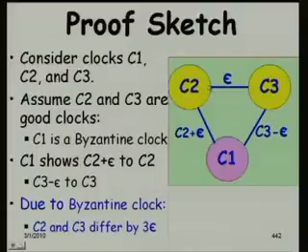Because they themselves differ by epsilon at the most. You can assume some time t here and t plus epsilon here, so the time value computed here will be t plus epsilon, 2t plus epsilon, is it not?